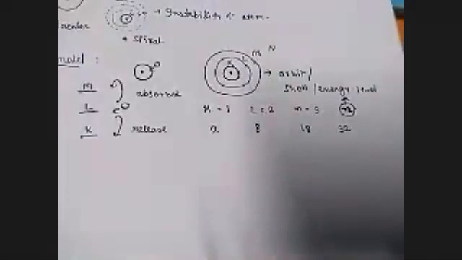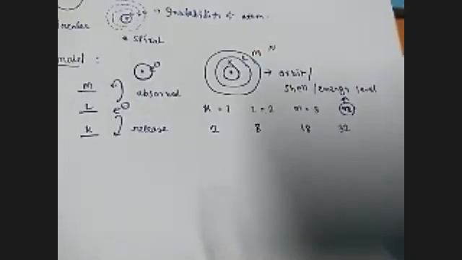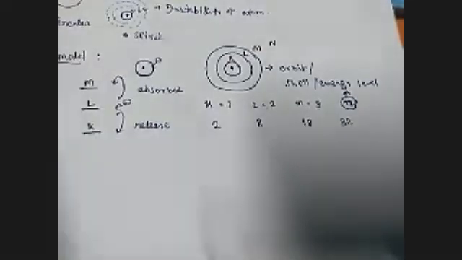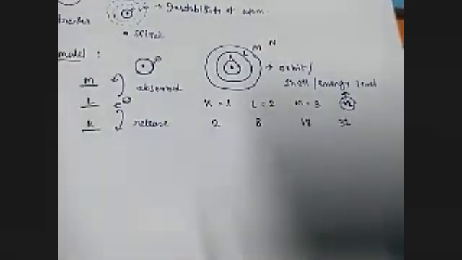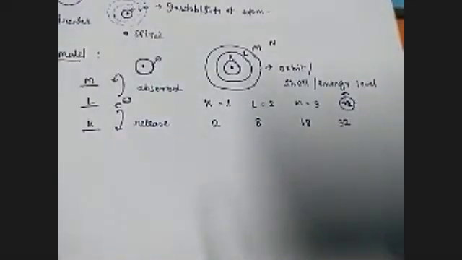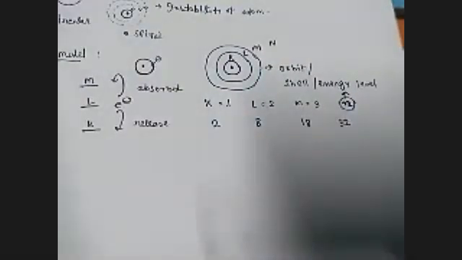Energy is supplied to an atom when electrons jump to higher energy levels, and energy is released when an electron jumps to a lower energy level.